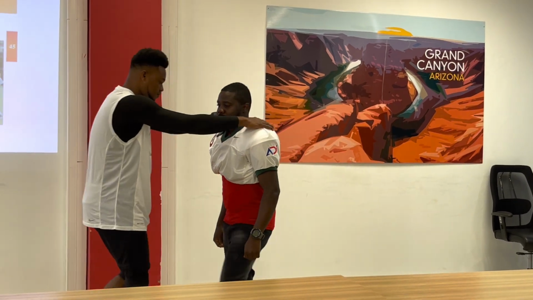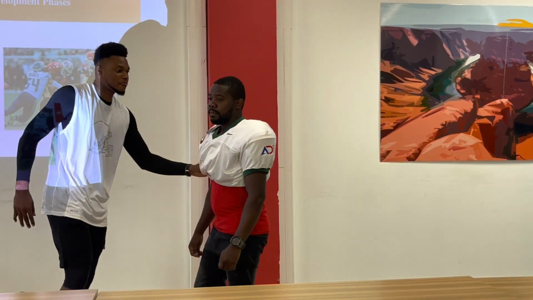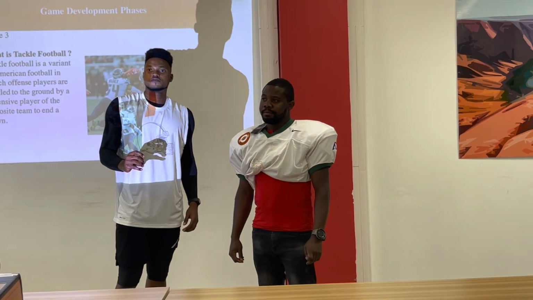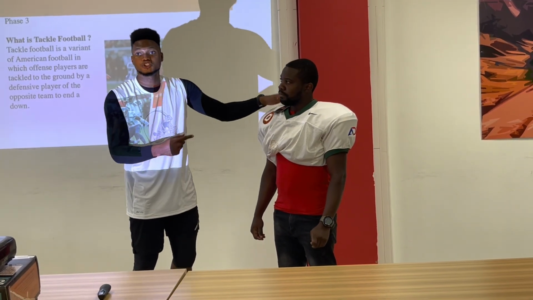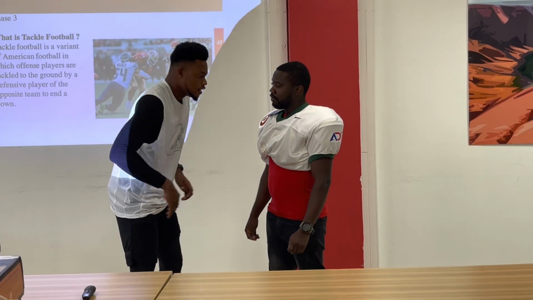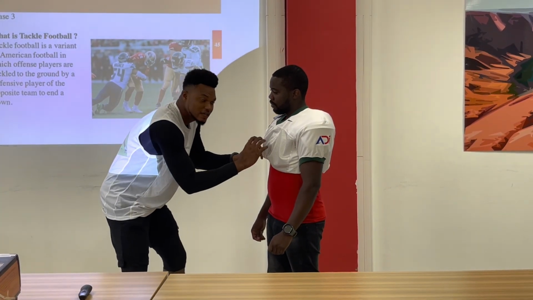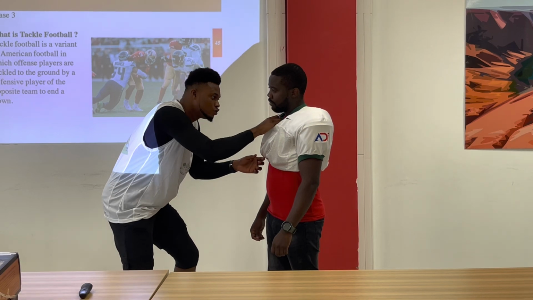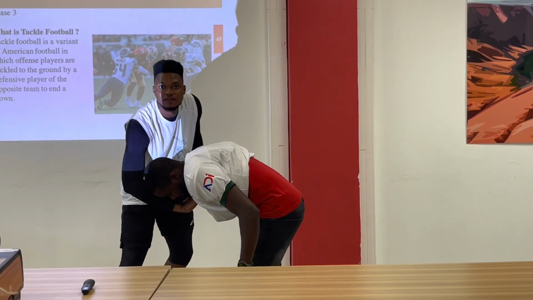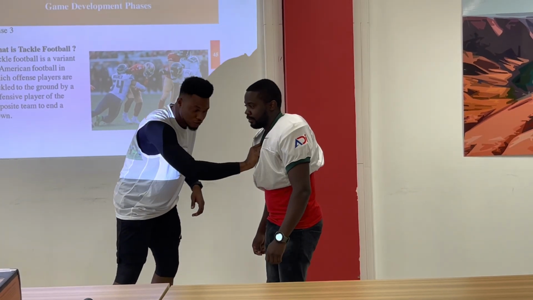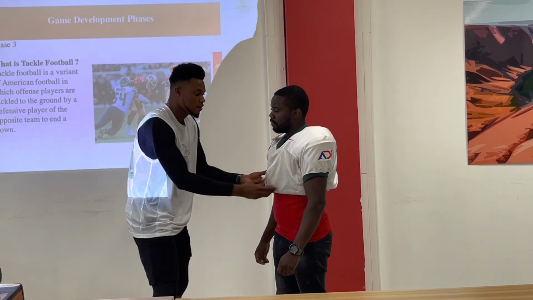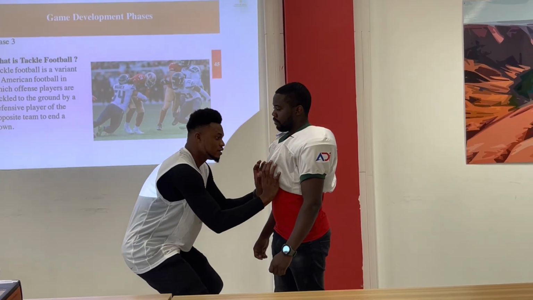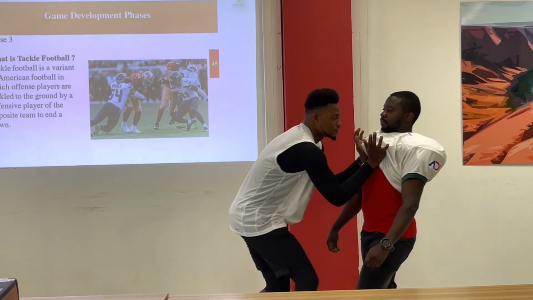Now see, there are ways of even approaching this shoulder pad that he has on. If I do this, it's a foul. If I do this, it's a foul in the game. My best bet will be doing this.